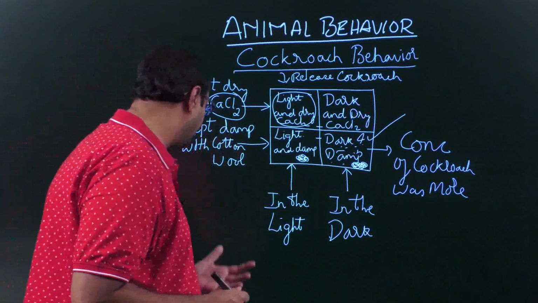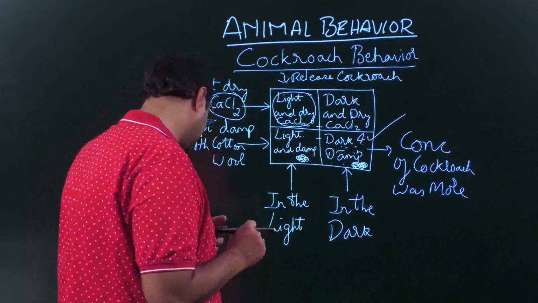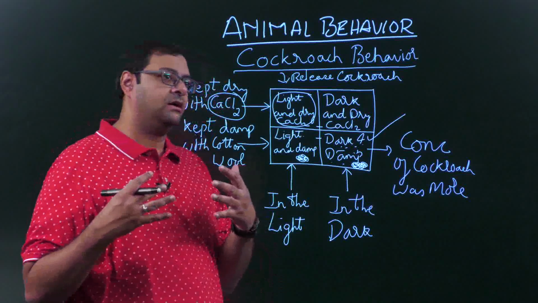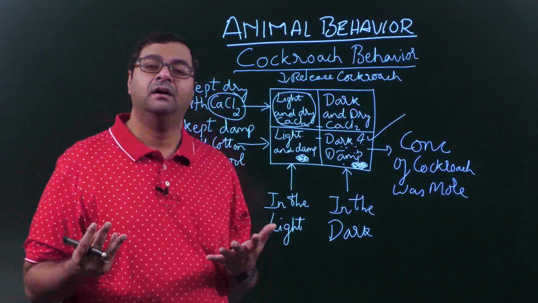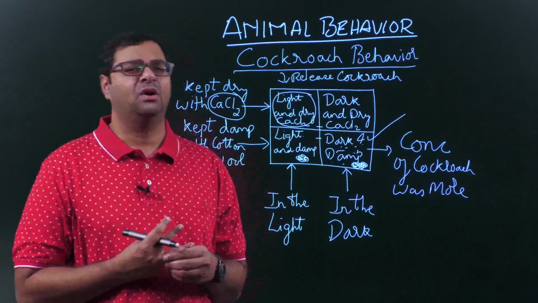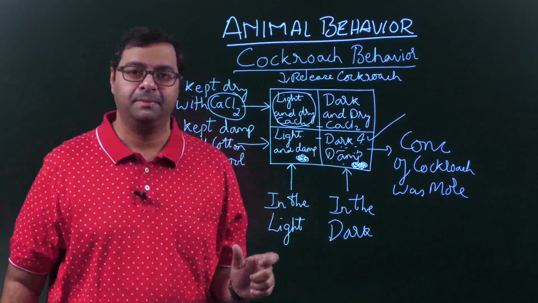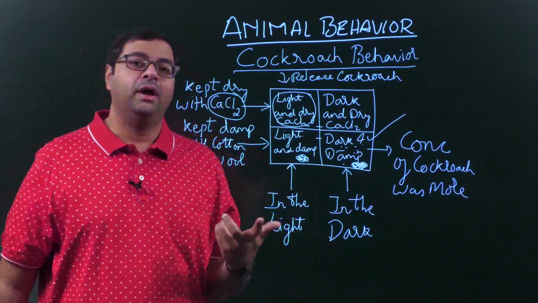If we look at some more examples, we can look at puppies and kittens. They play with a cloth. I don't know why they play, but they play with a cloth immensely when they are young. Why? It is their instinct.